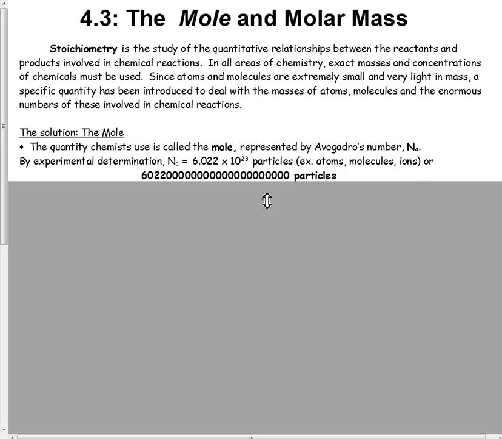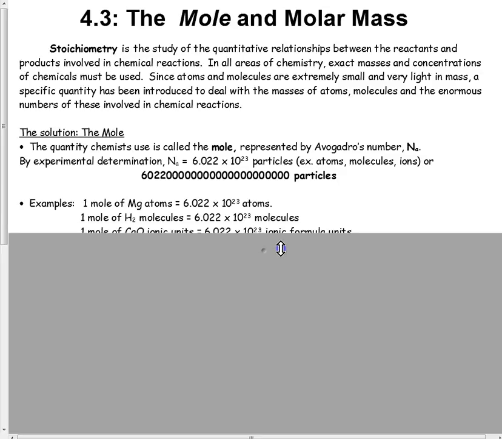It's an extremely large amount. It obviously has a lot of zeros there, and it's difficult to even pronounce that number. It's so large.